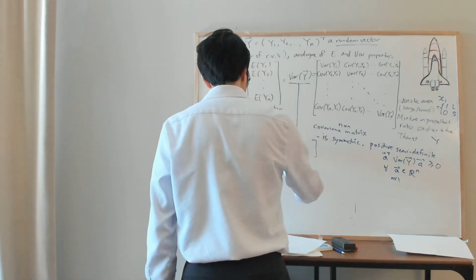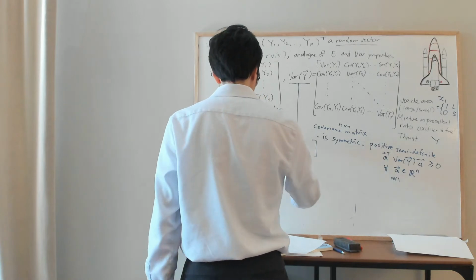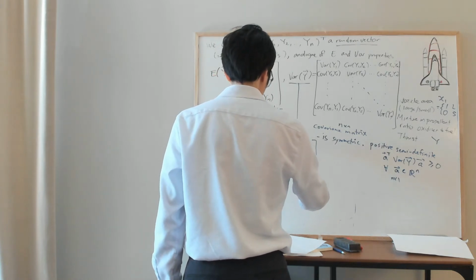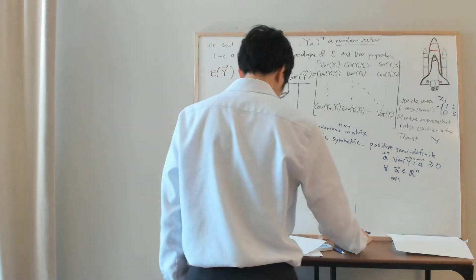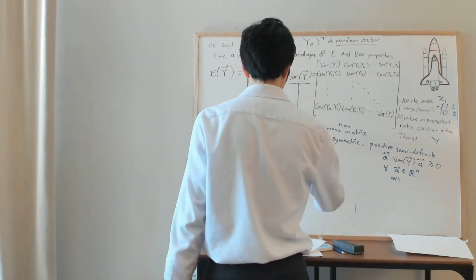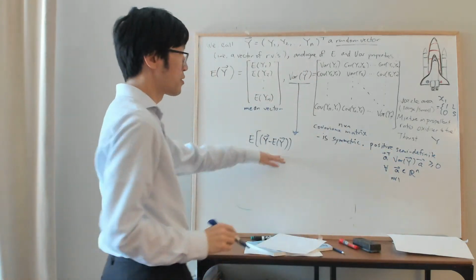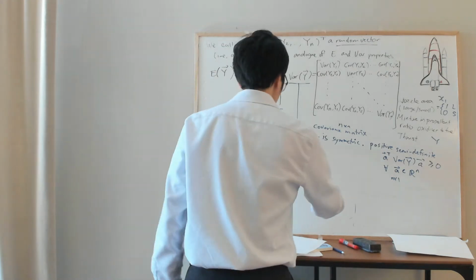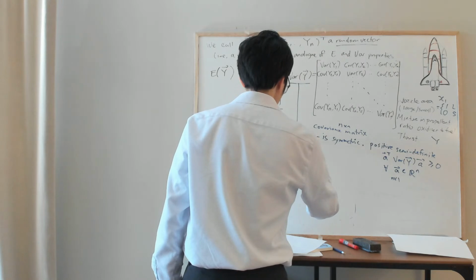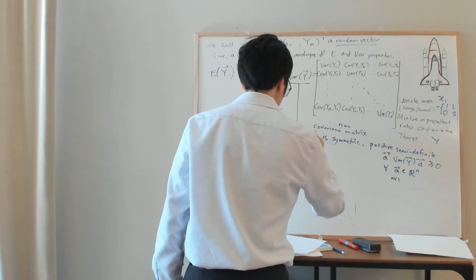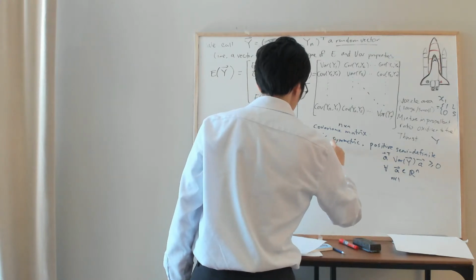We take y minus its mean vector and multiply it by its transpose: y vector minus its mean, transpose.